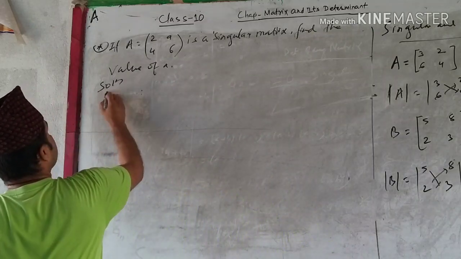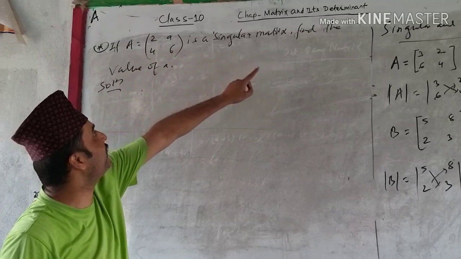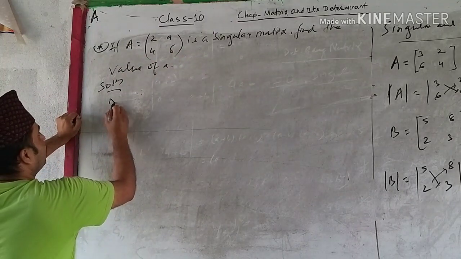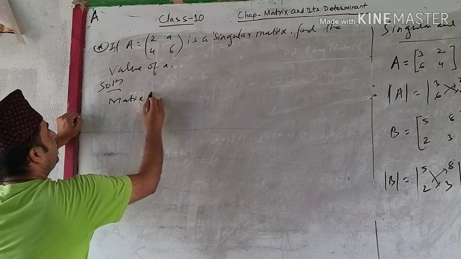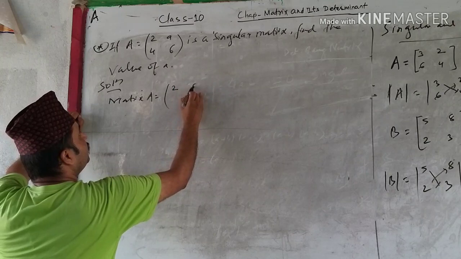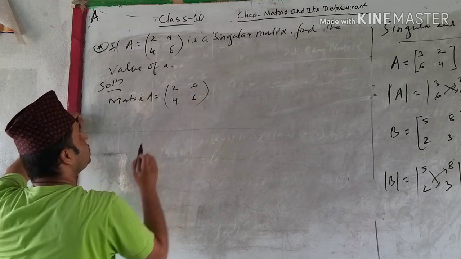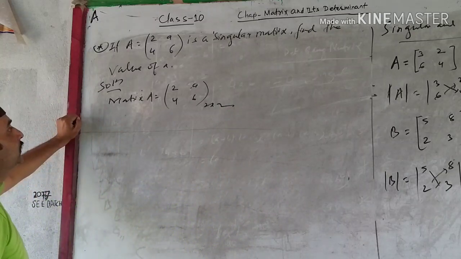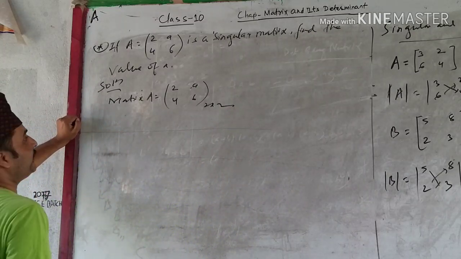Solution. How do you solve? If matrix A is a singular matrix, how do we find the value of A? Given is matrix A equal to 2A, 4, 6. This is of order 2 by 2, and you know that it is a singular matrix.